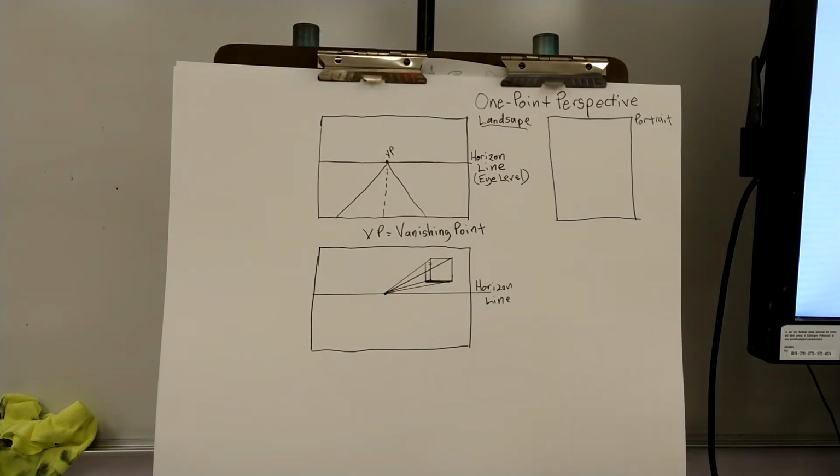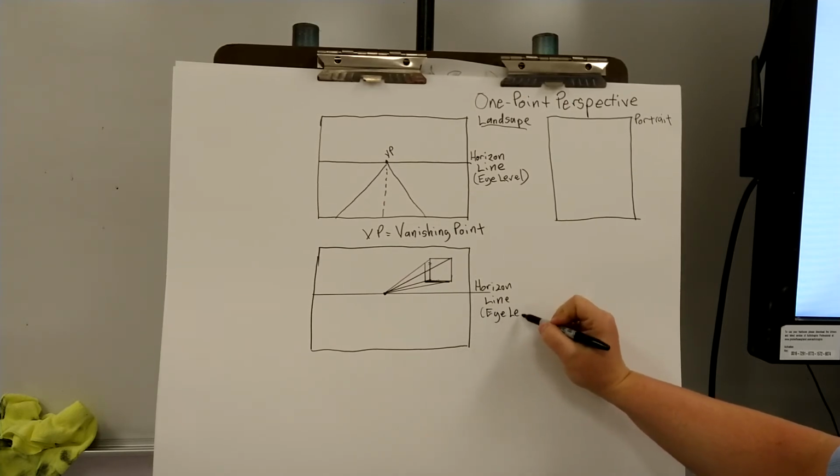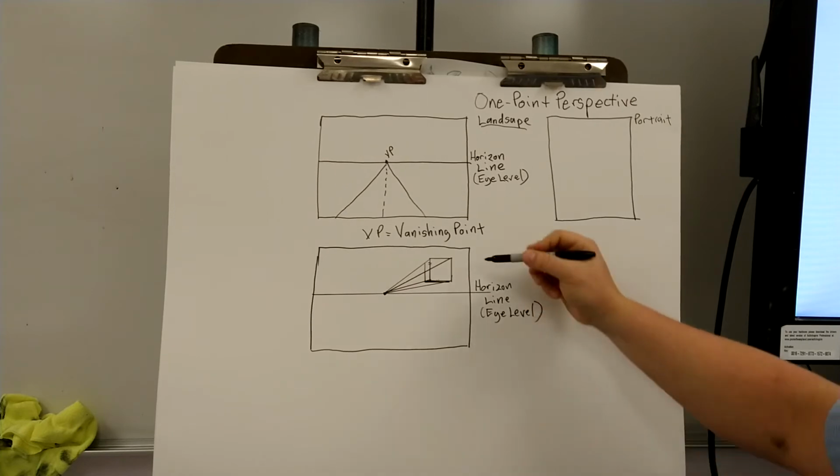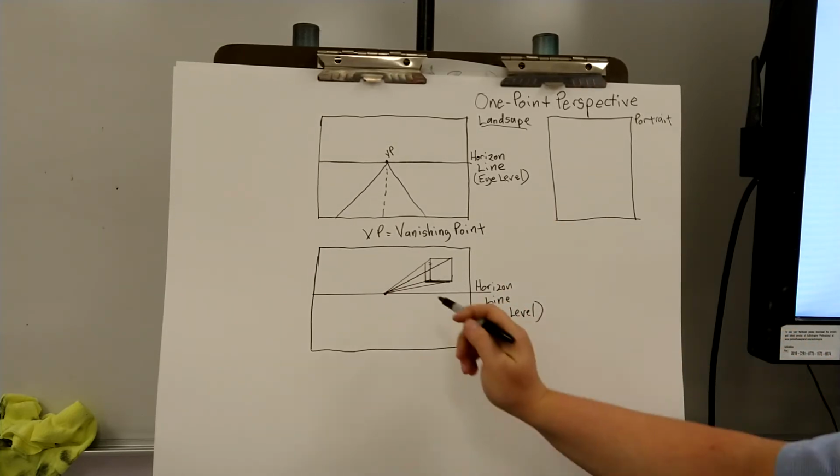Okay. Now, because it's above our eye level, remember, a horizon line is also your eye level, and because it's above our eye level, we see the bottom of the box. So let's do one at eye level.